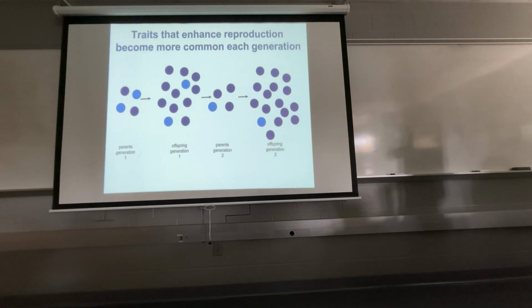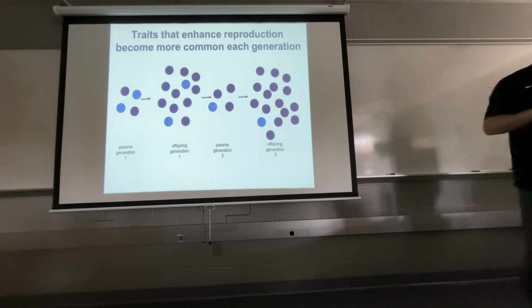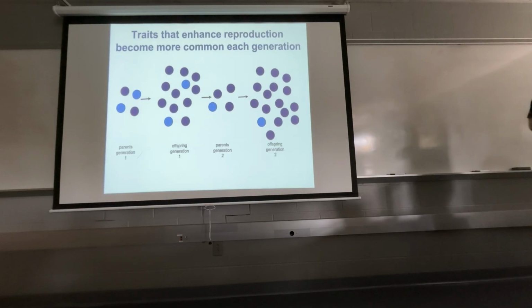So we know we can get a number of traits. We also know that traits can be enhanced or move directionally if reproduction is more successful in one phenotype versus another. So here's our original population. Got 2 dark blues and 2 light blues. They breed randomly and give you a population that has more dark blues than light blues.